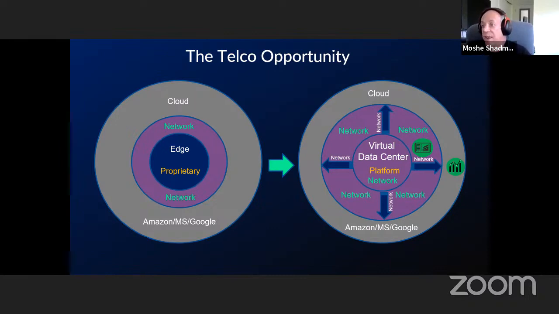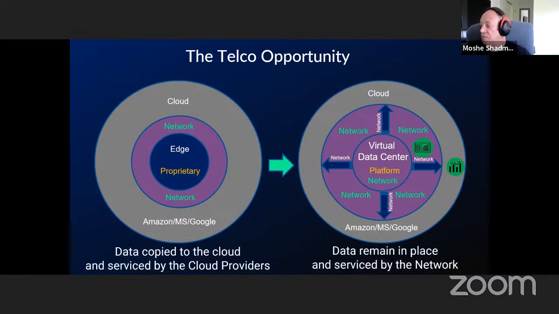So the telco, the networking, becomes the thing that serves the data, which is a very interesting role. The existing model of copying data from the edge to the cloud and making the cloud providers the ones that serve the data would always stay. But what about a model next to it where some data remains in place and is served by the network, by the telco companies, to the applications?